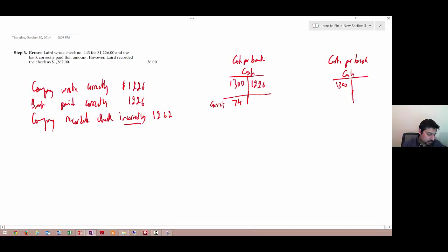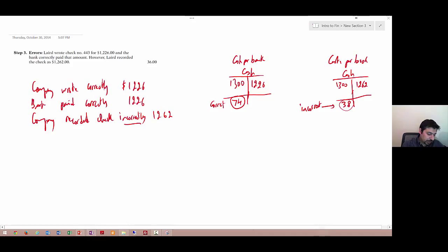As far as the company is concerned, they recorded the transaction incorrectly as 1,262, which led to an ending balance of 38, and this is incorrect. So the company thought that they had $38, whereas in reality they were left with $74.